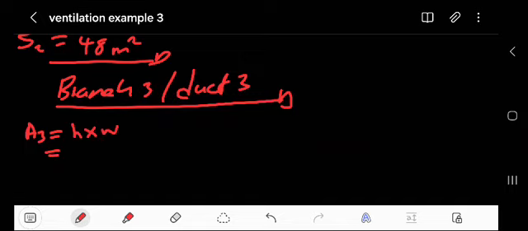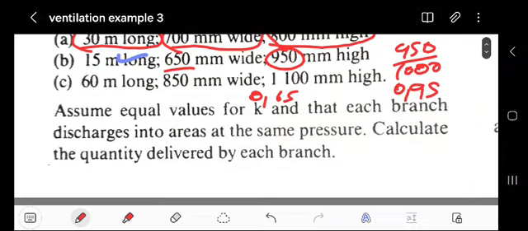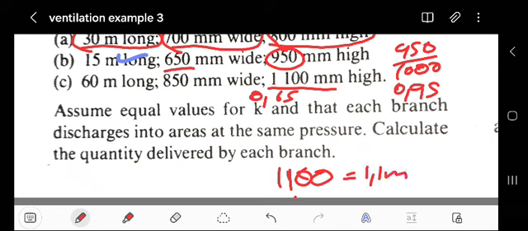What is the height? You see, they say 1100. You divide 1100 by 1000, you'll get 1,1. This will be just 1,1 meter. Then the width will be 0,85.